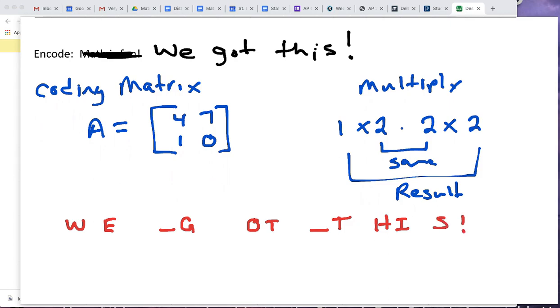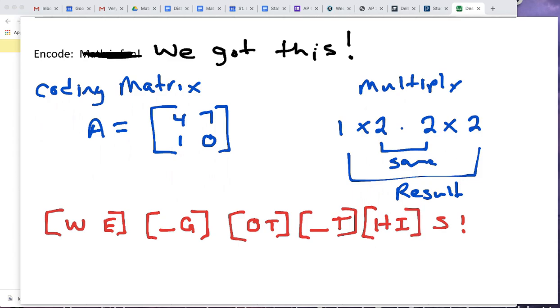So I separate this out into matrices that are 1 by 2, 1 row, 2 columns. And I do that because that matches with my 2 by 2 coding matrix. So if my coding matrix was a 3 by 3, then I would need to space these out into 1 by 3 matrices.